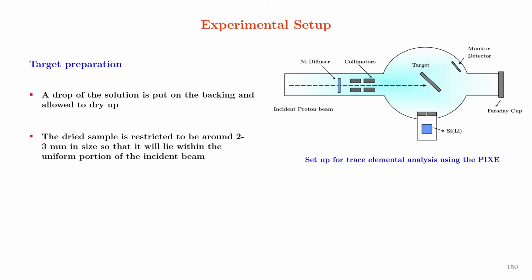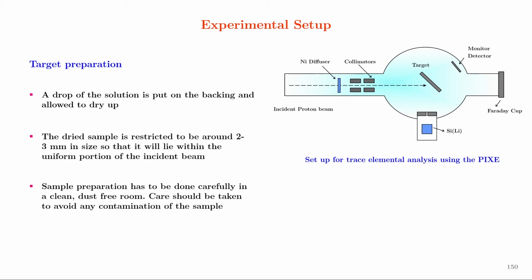The dried sample is restricted to be around 2 to 3 mm in size so that it will lie within the uniform portion of the incident beam. Sample preparation has to be done carefully in a clean, dust-free room, and care should be taken to avoid any contamination of the sample.